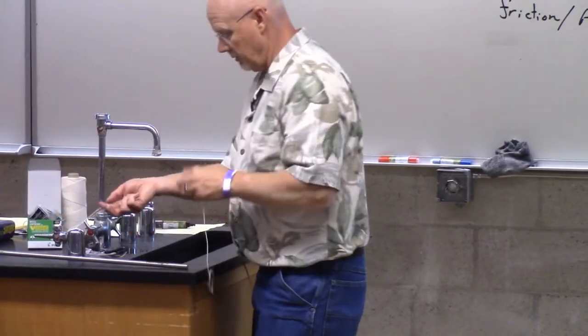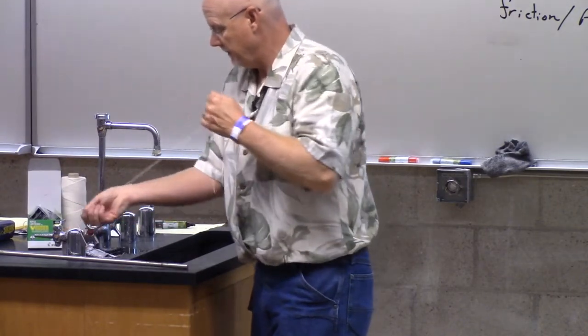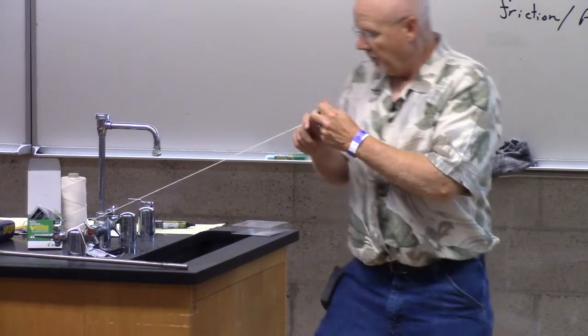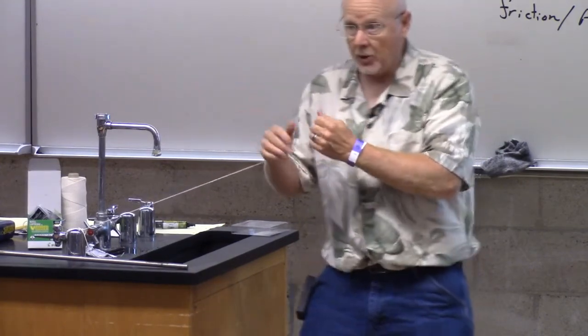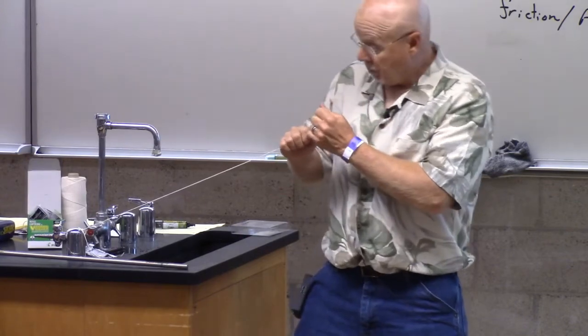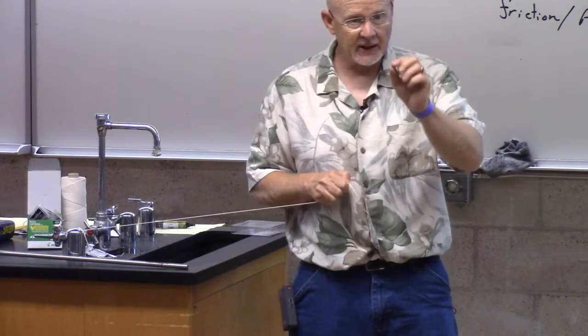How about this little metal piece here? I'll tighten it up. But if I use this string or rope or cable or chain and I pull on something, I would say I'm applying a force. Specifically, it is a tensional force.